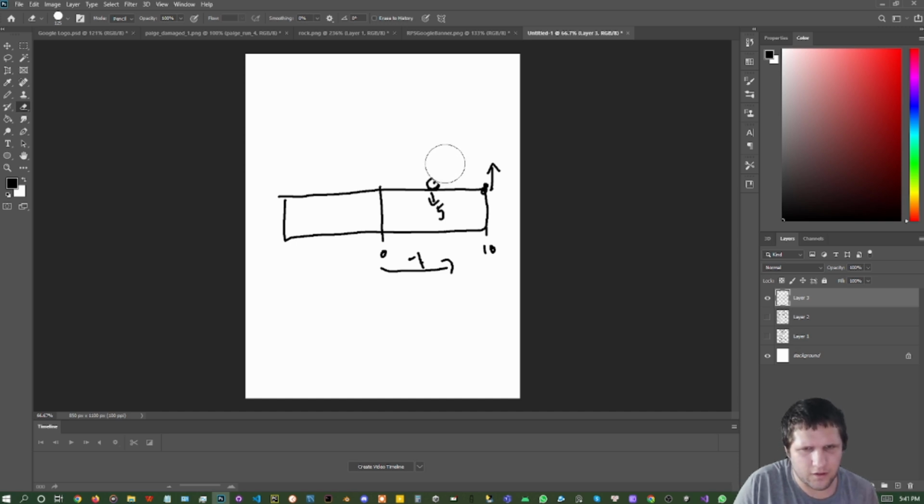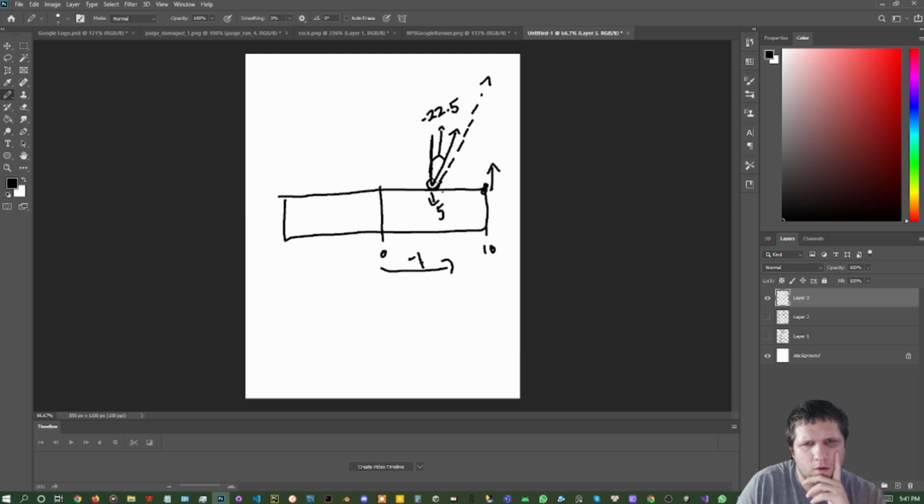That's not 45, it's 22.5. So that's about 45, that's about 90. So it's going about here. So the degree here is negative 22.5 as the ball goes up.